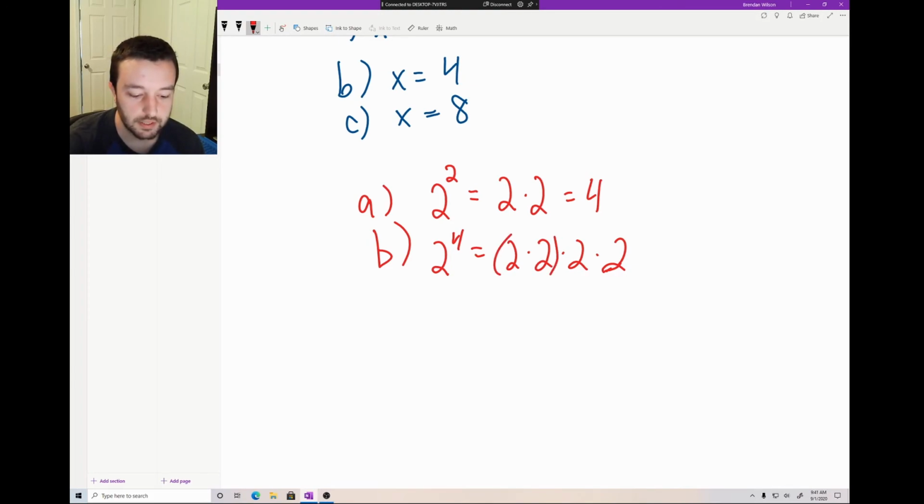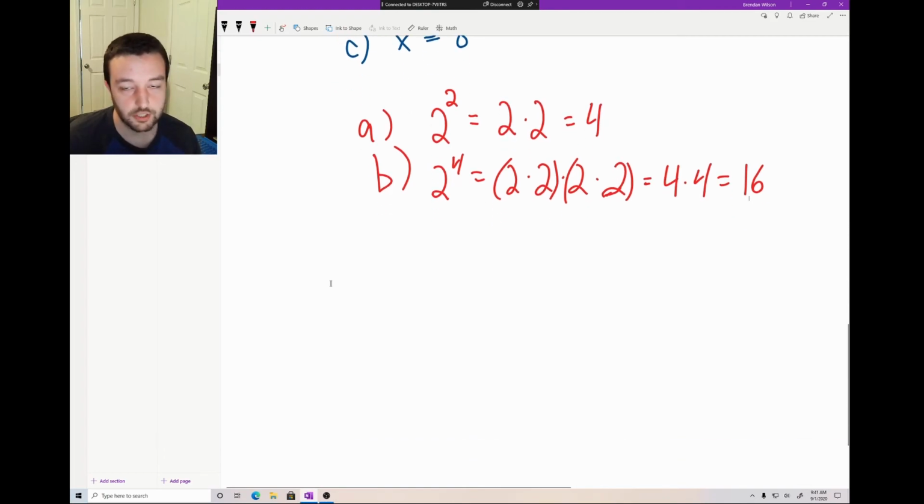So we could group these two together and group these two together. We already found 2 times 2, so it's just 4 times 4, because that's what both of these are. So we get 16. Or you can just do 2 times 2 is 4, times another 2 is 8, times another 2 is 16.